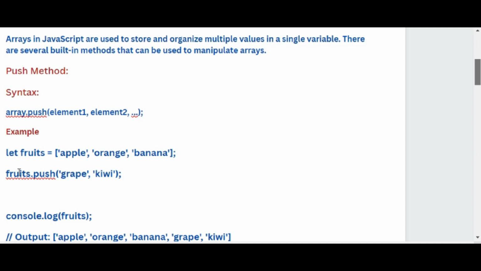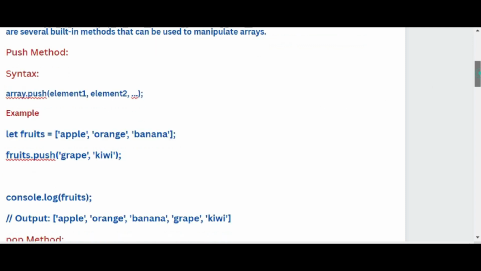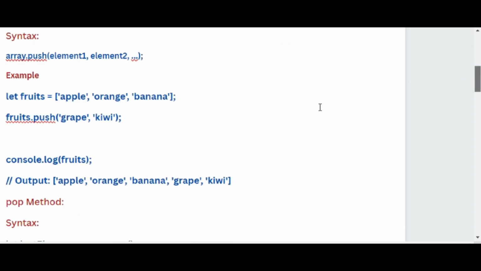So fruits.push("grapes", "kiwi"). Then console.log(fruits). The output is apple, orange, banana, grapes and kiwi.